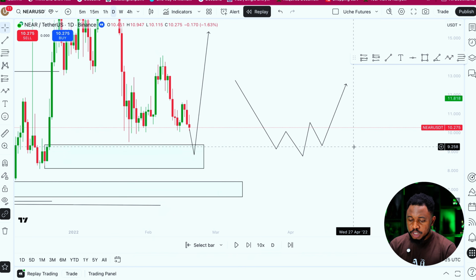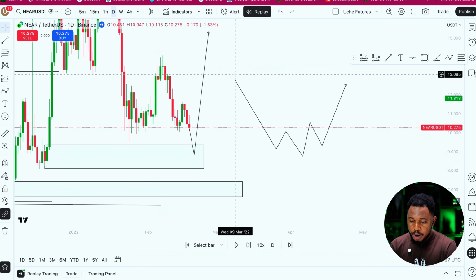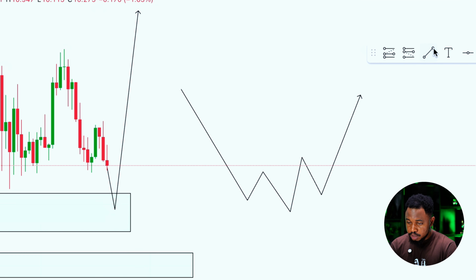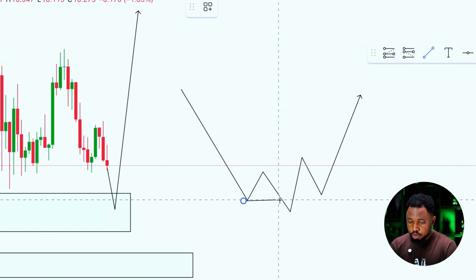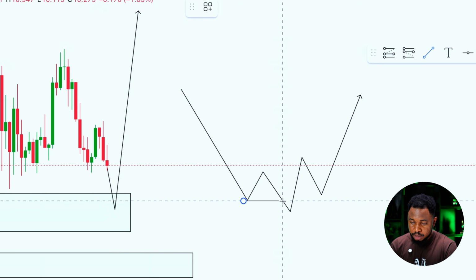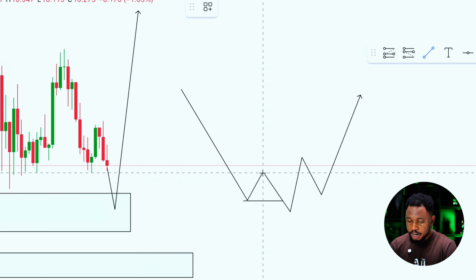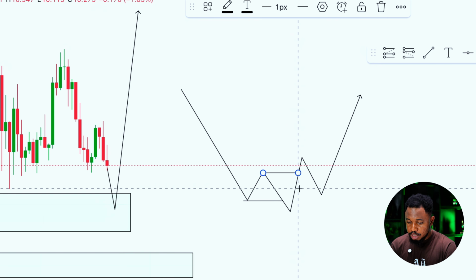So you want to look for a pattern like this where we are coming down, we go up, then break structure right here, which normally should show that we are still in a downtrend, and all of a sudden we break above this, which signals a change of character, and then we start looking for lower prices to enter at this area here.